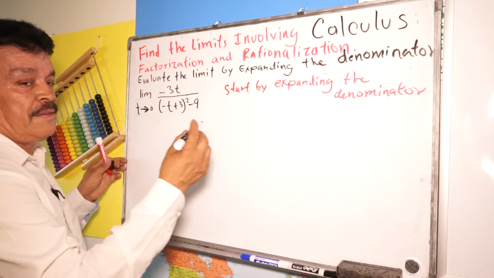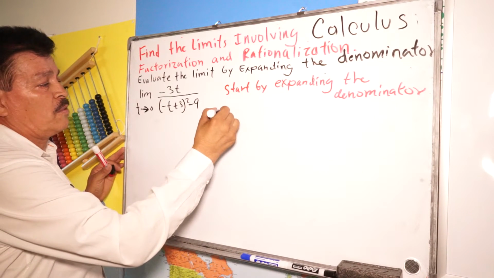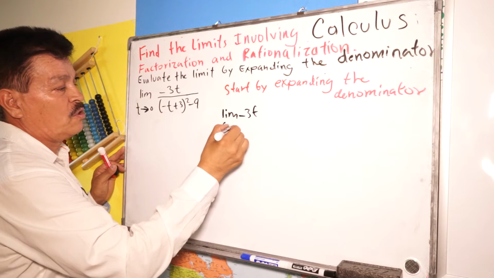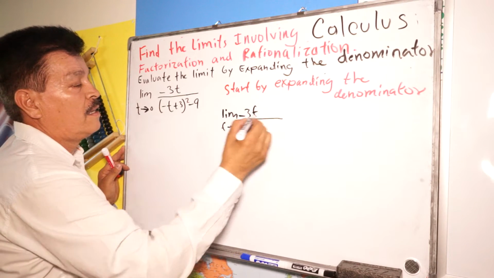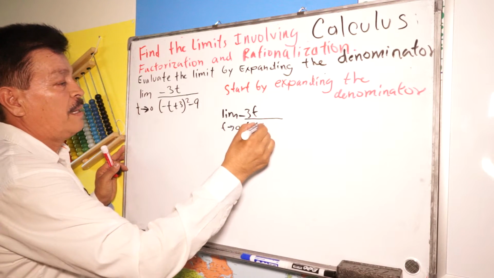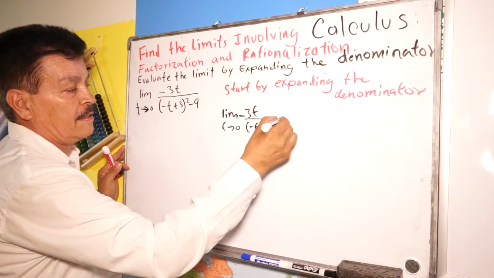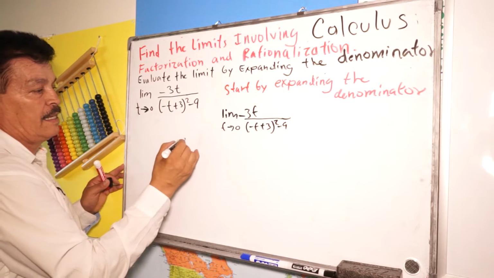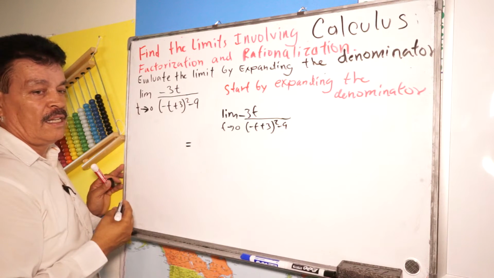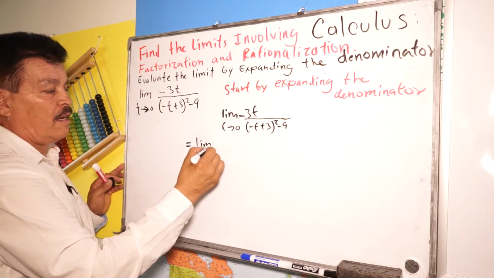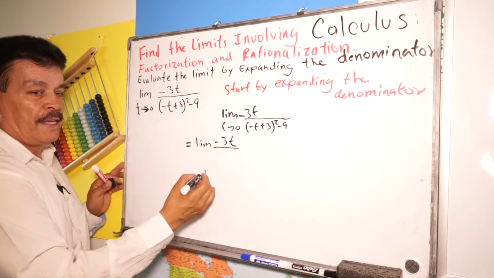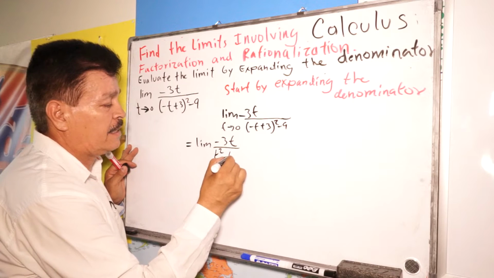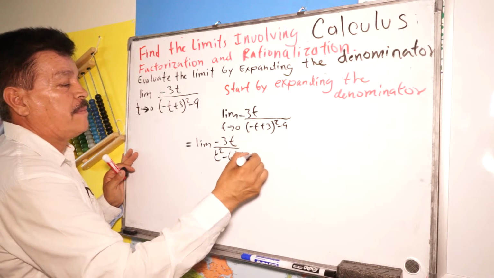It will be the limit of negative 3t divided by (negative t plus 3) to the second power minus 9, when t approaches 0. Now this equals the limit of negative 3t divided by t to the second power minus 6t plus 9 minus 9.